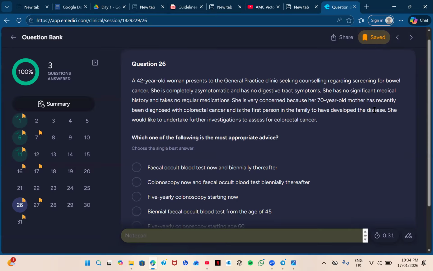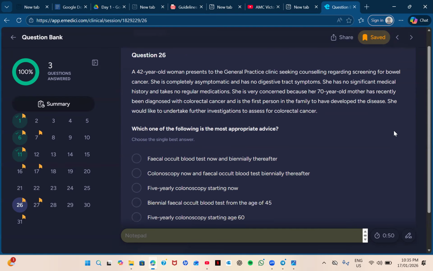A 42-year-old woman presents to the GP clinic seeking counseling regarding screening for bowel cancer. She is completely asymptomatic and has no digestive tract symptoms. She has no significant medical history and takes no regular medications.